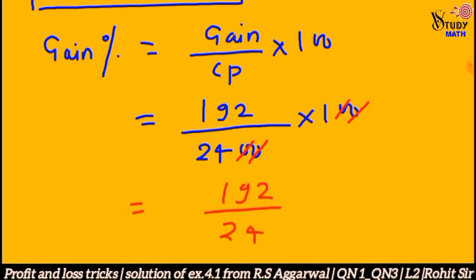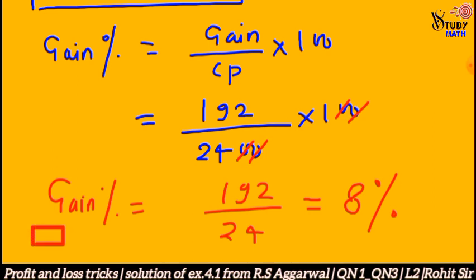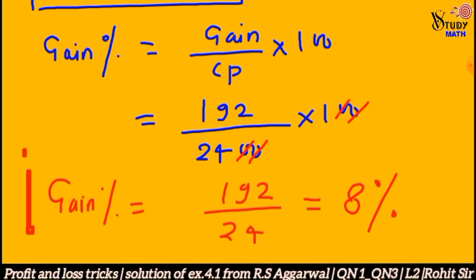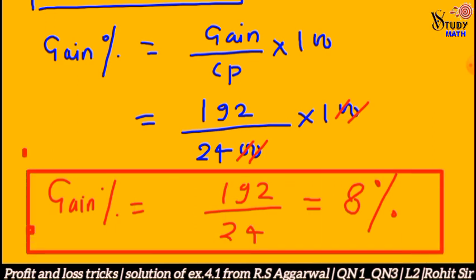Now we divide 192 by 24. It goes 8 times. So we have 8%. Gain percent is 8, and this is the answer of this problem.